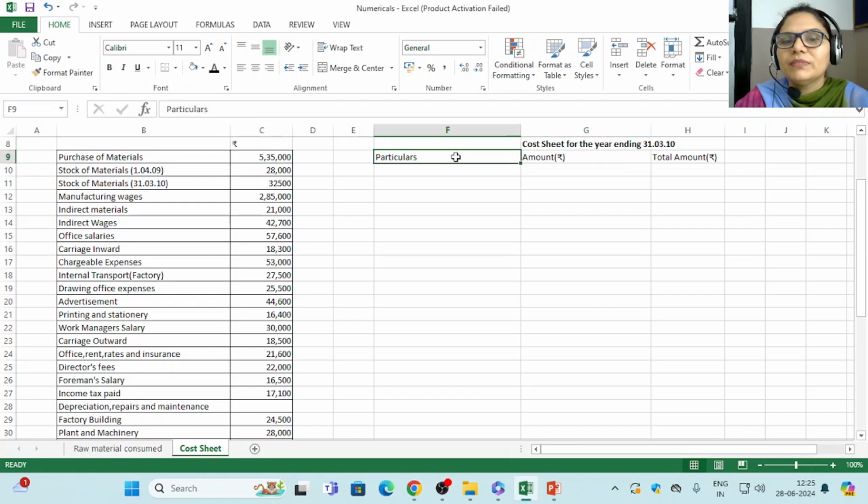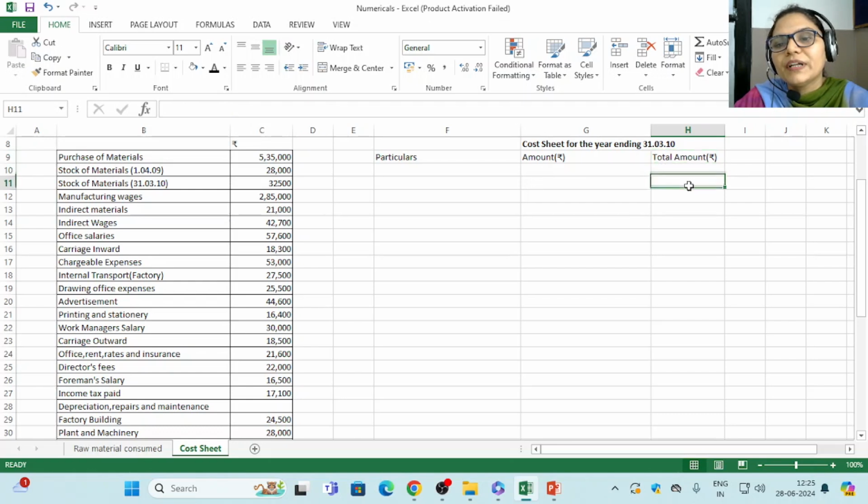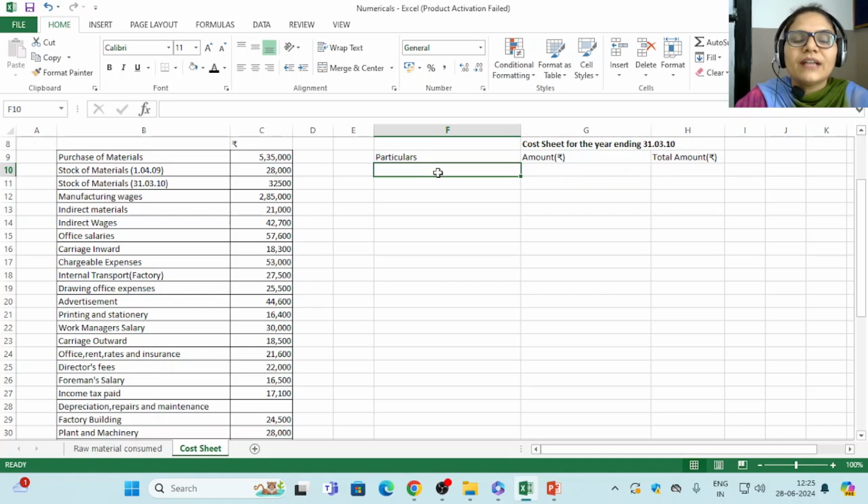We'll prepare one column, that is particulars, another column amount, which is mentioned in rupees for mentioning the individual items, and finally the total amount column. We have written the total amount column over here because it will give more clarity to the readers as to which amount has been shown under which heading, and it will be easier for the reader to understand the cost sheet. First of all, without thinking about anything, we will calculate the value of material consumed.